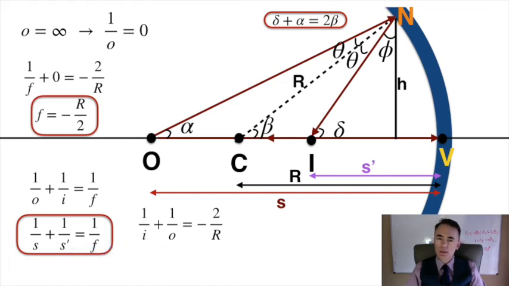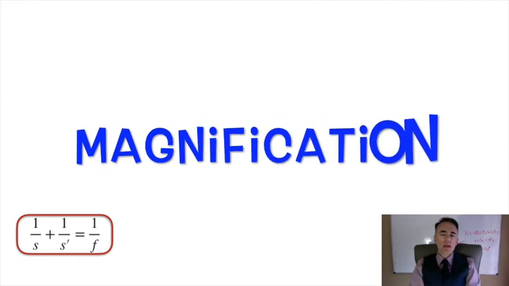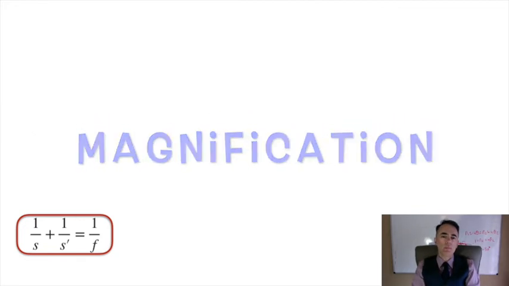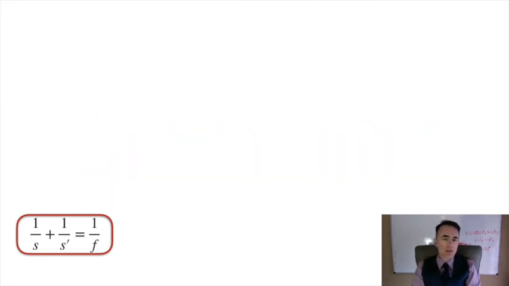Another interesting magnitude is the magnification, m, of the lens, by how much the image magnifies or reduces an object.